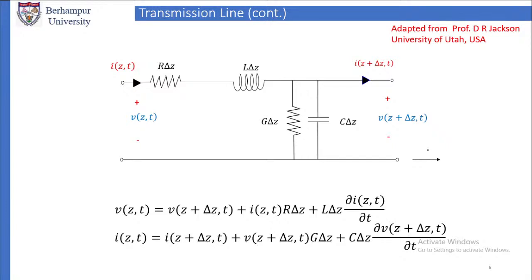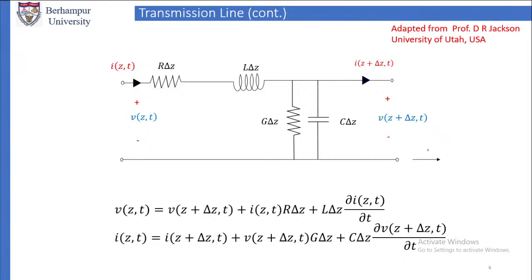So I(Z,T) is equal to I(Z plus delta Z, T) plus the current through the conductance.